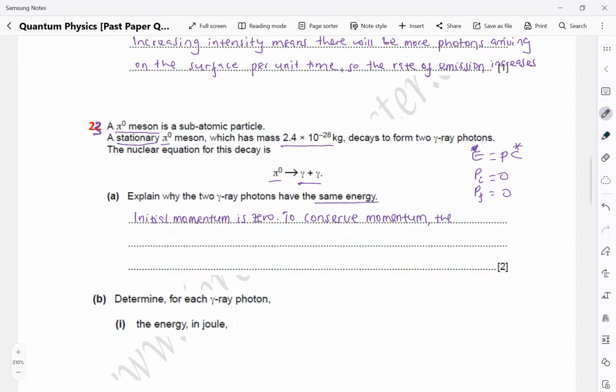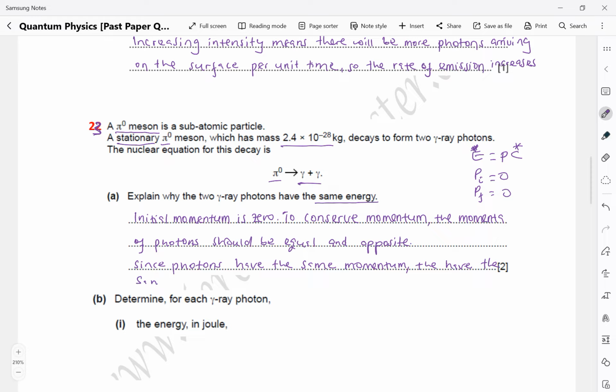Since photons have the same momentum, they have the same energy.